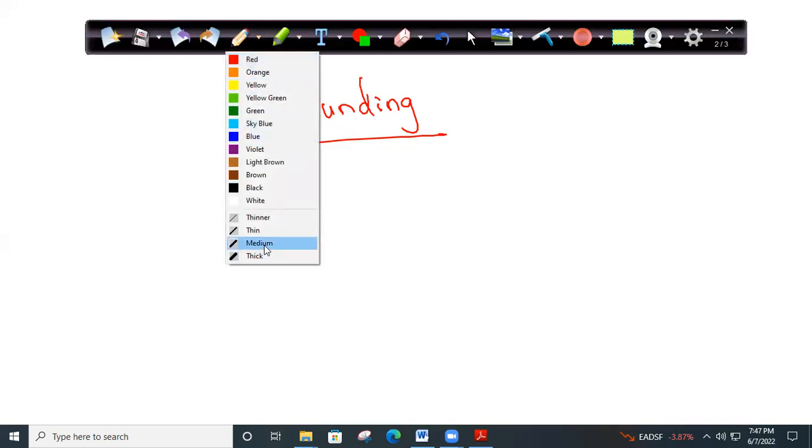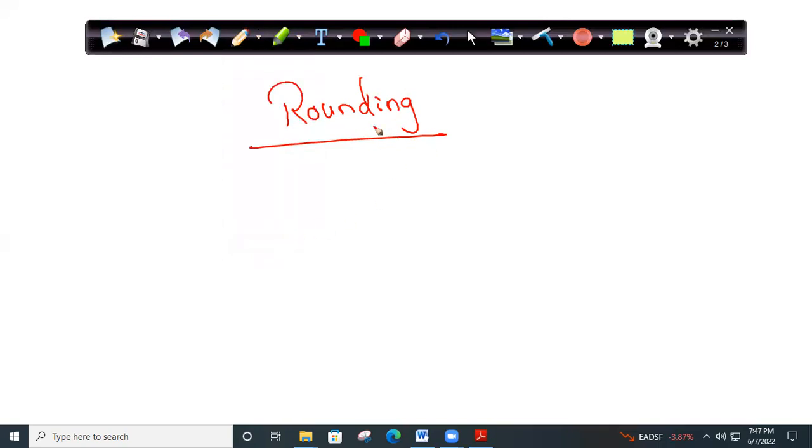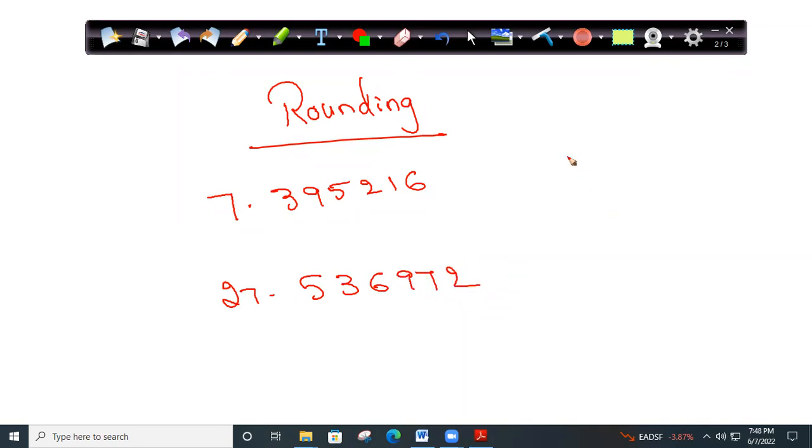Now, I'm telling you one important concept called rounding. Suppose I have a number 7.395216, or a number like 27.5369197. Please do remember, this 7 is called what?